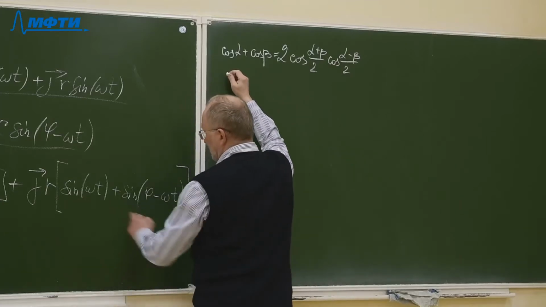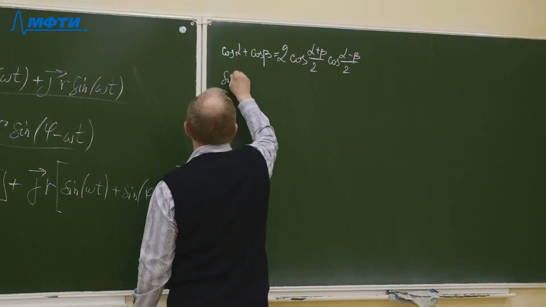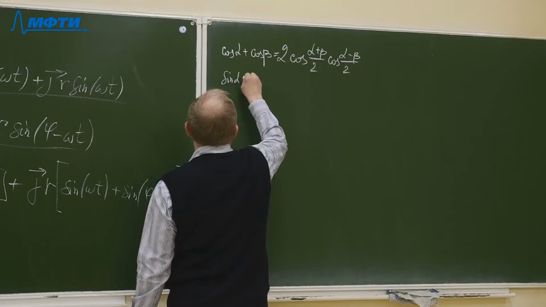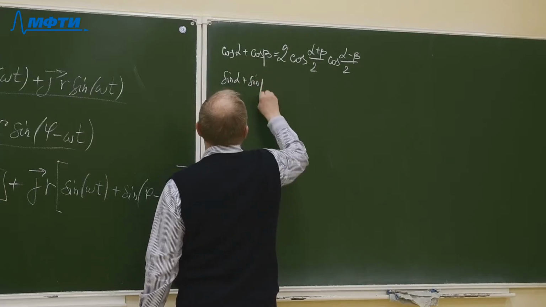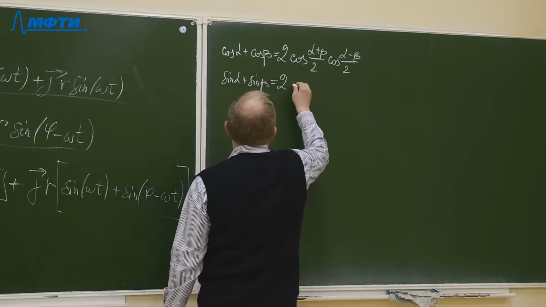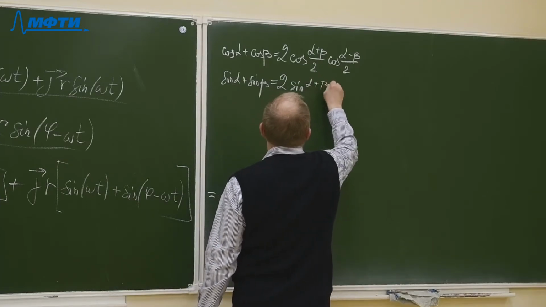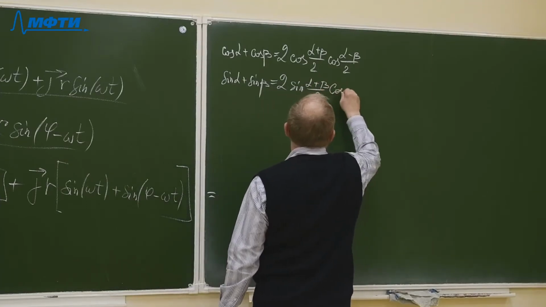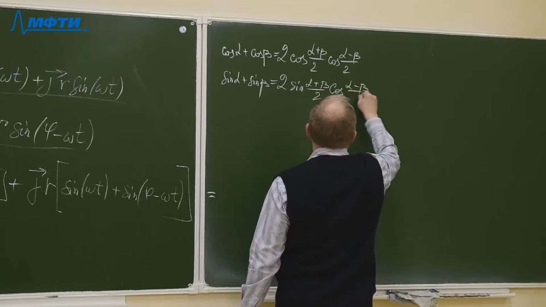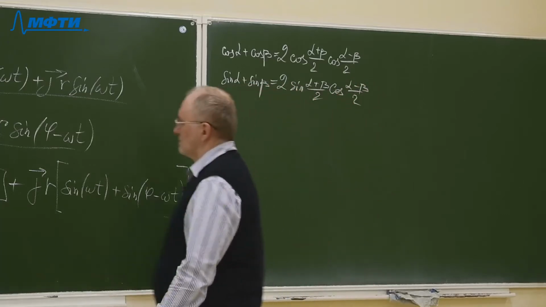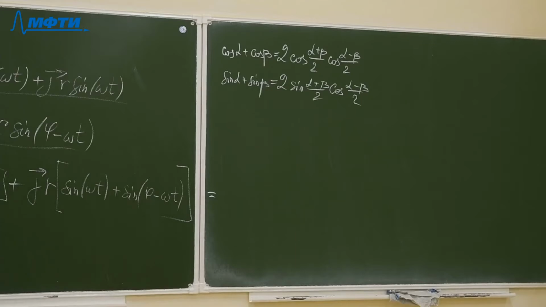And now another sum of two sine functions: sine alpha plus sine beta is known to be 2 sine of (alpha plus beta) divided by 2 times cosine of (alpha minus beta) divided by 2. That's it, if I had not mistaken. Oh, everything's okay.